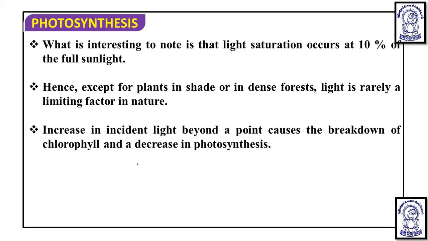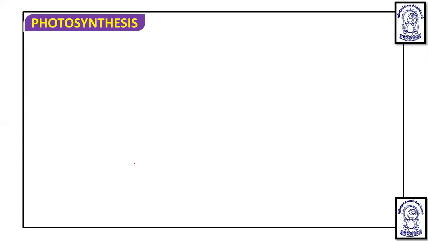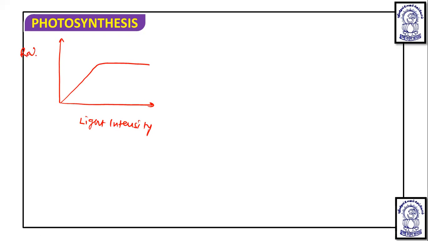If we see this graph, which is shown here, it is labeled like this. Here we are taking the light intensity, and here we are taking the rate of photosynthesis.